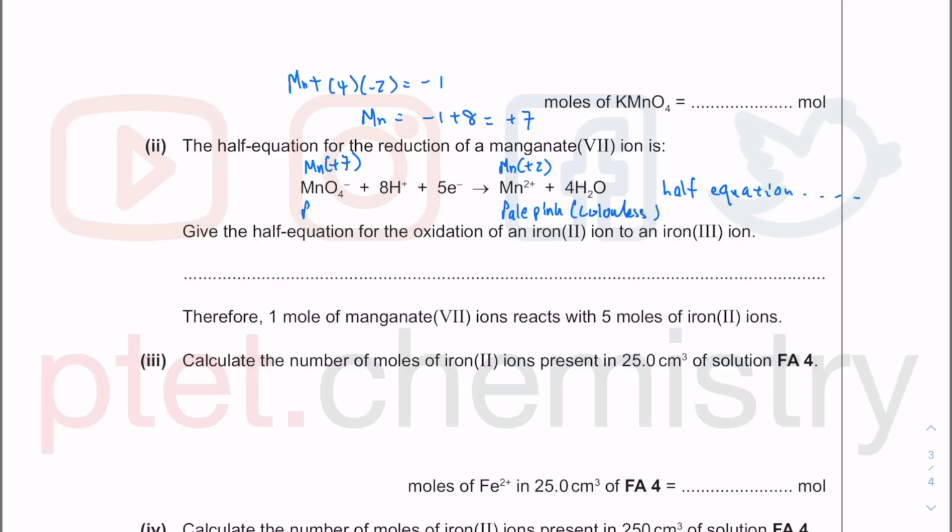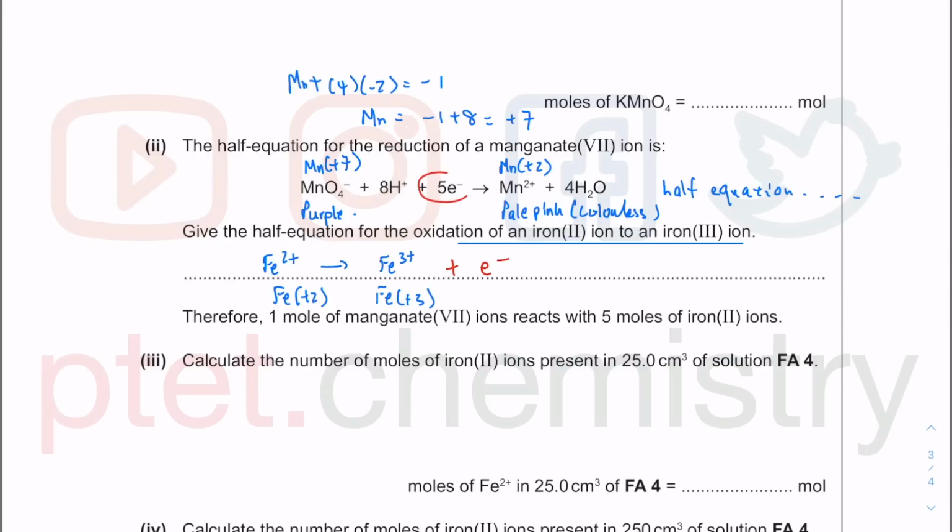And you only stop this titration when you get a permanent pale pink, when 1 extra drop of this doesn't go to this anymore. You want the oxidation of iron 2 to iron 3, so Fe2+ going to Fe3+. Increase in oxidation number is oxidation, and you increase in oxidation number because you need to lose electrons. And here you need to lose 1 electron because +3 minus 1 gives you +2, and 1 of each of the iron.